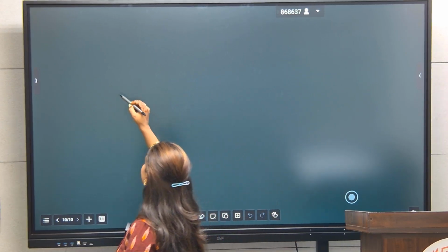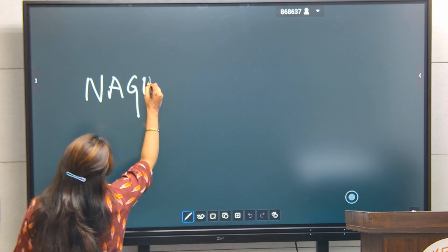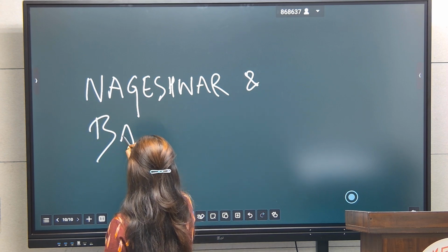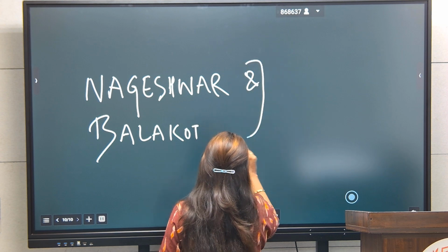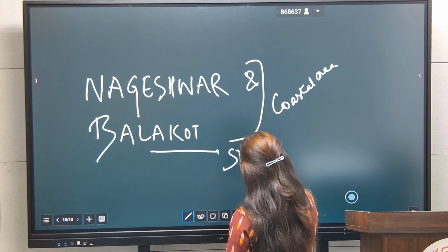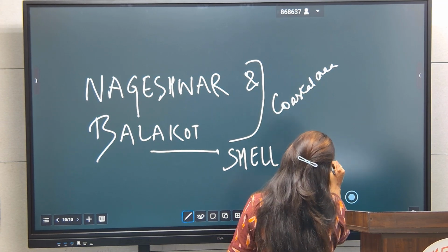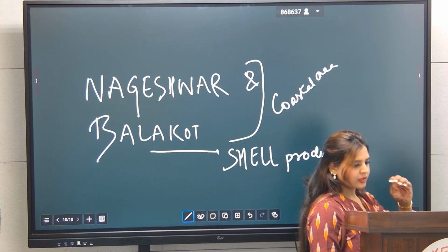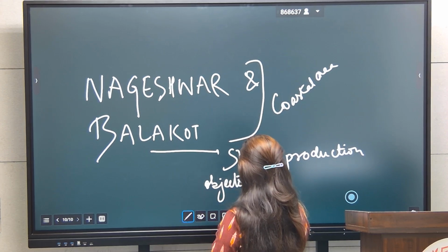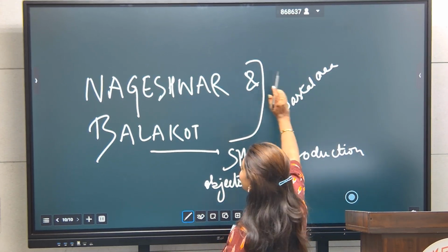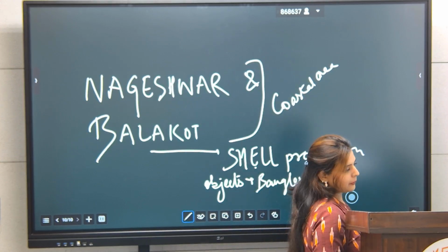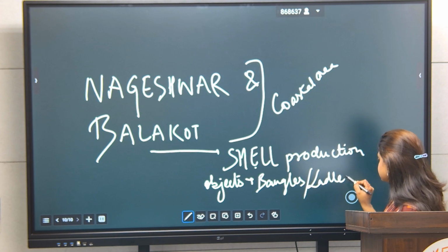The Harappan sites of Nageshwar and Balakot were coastal areas and were specialized for shell production, for making shell objects like bangles, ladles and inlay.